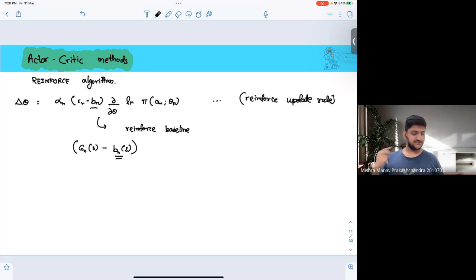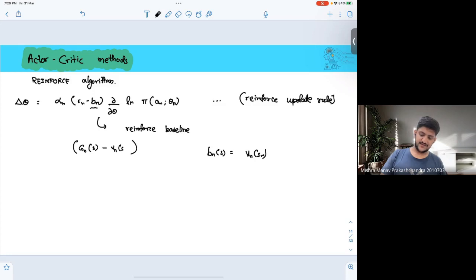So based on this particular definition, my Bn of s is nothing but the value function representation. So I can replace it here. So this quantity here is simply Vn of Sn.